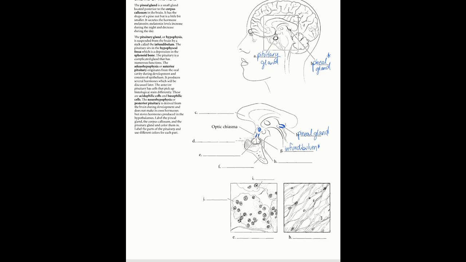And you can see that the pituitary gland right here, I'm going to outline this, has two lobes. The back lobe, I'm going to tell you the anatomical term, but then I'm also going to tell you the term we're actually going to call it. It's technically called the neurohypophysis.